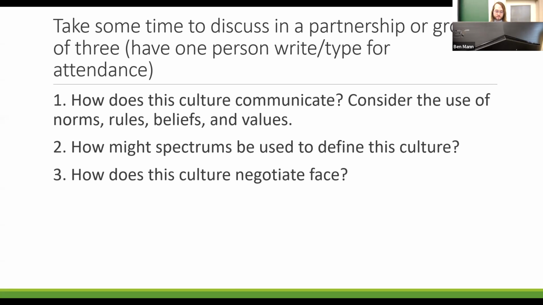So that might be an element of negotiating face as well. And we can also just think about the usage of rituals and practices here, right? How people do things, again, like regulating behavior through their involvement in some of these groups.